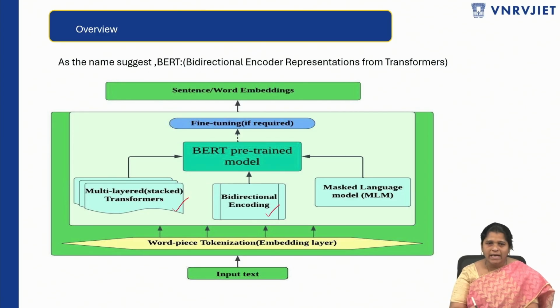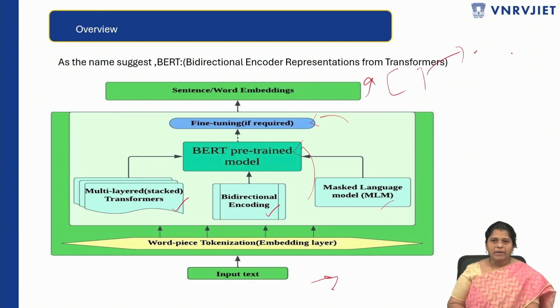Next we have bidirectional encoding, next the masked language model, followed by pre-training. Then we can apply fine tuning based on the requirement of how our raw text input is, and then it forms the embeddings, and then we can illustrate with the output.